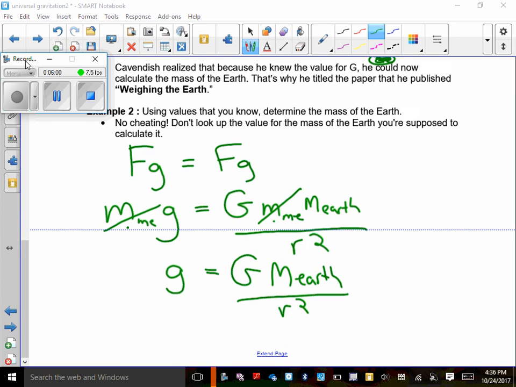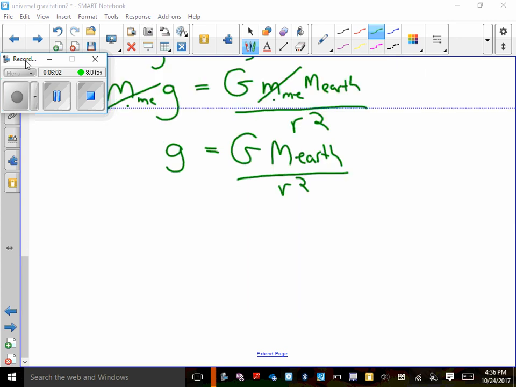Solving for the mass of Earth, if I wanted to get mass of Earth by itself, I'd have to times both sides by r squared and divide by big G. So just doing some math here. So the mass of Earth is equal to little g, over big G, r squared.